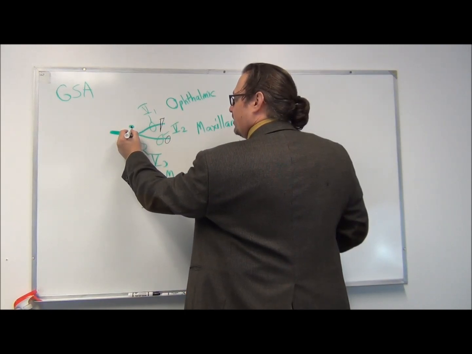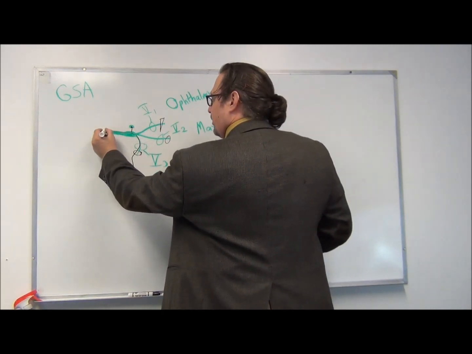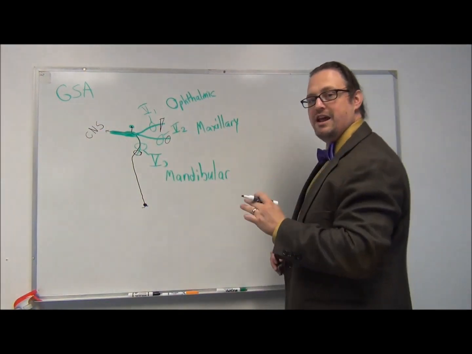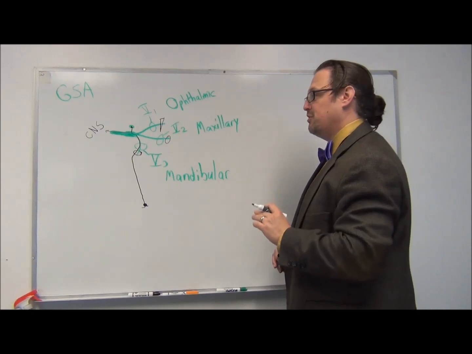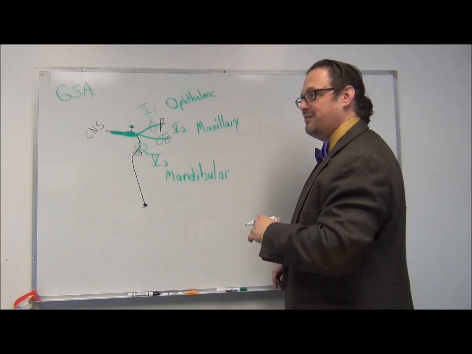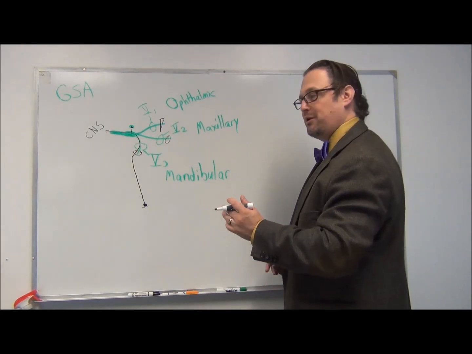Instead, the extension of that axon towards the central nervous system is what actually takes the impulse to a place in the medulla or the pons or the midbrain where we can actually become aware of it and have our body respond to it.